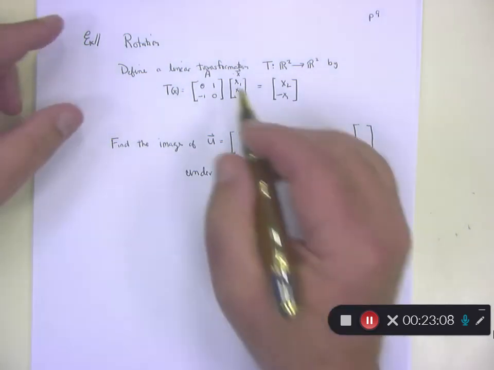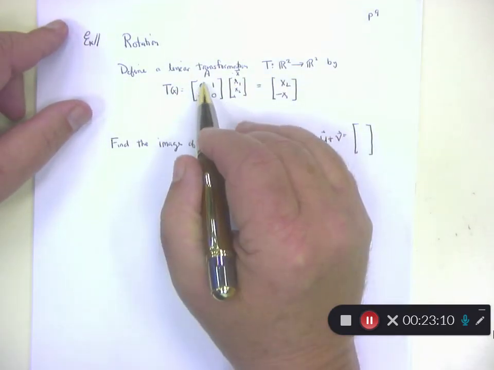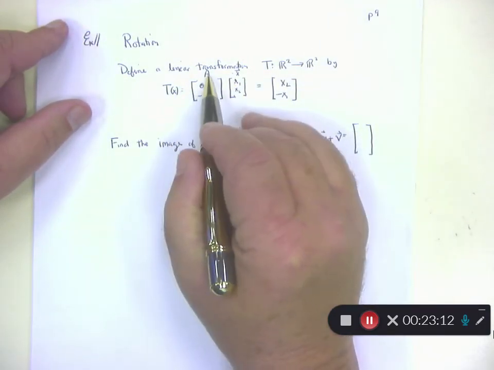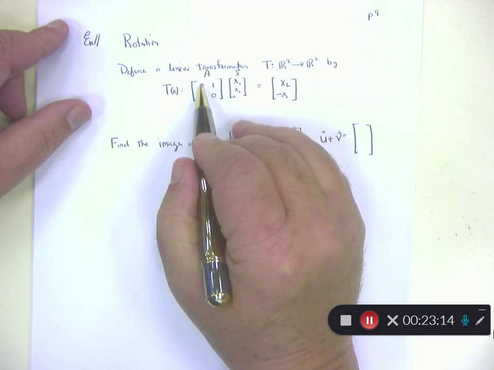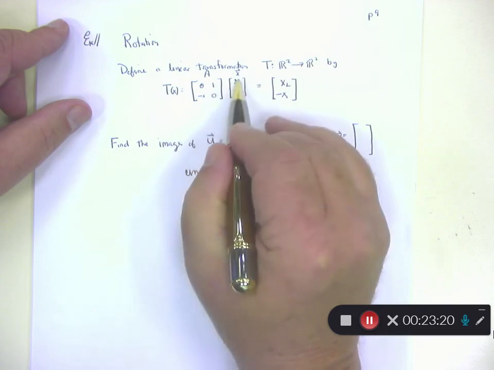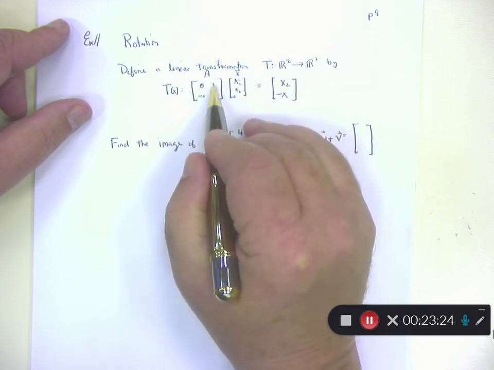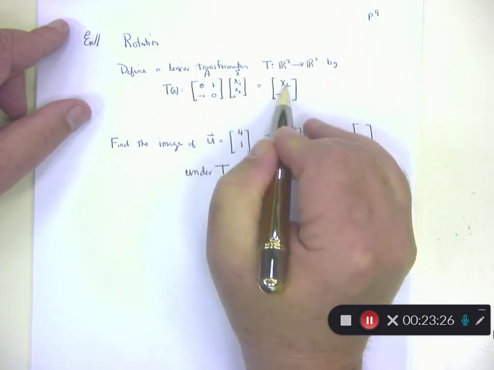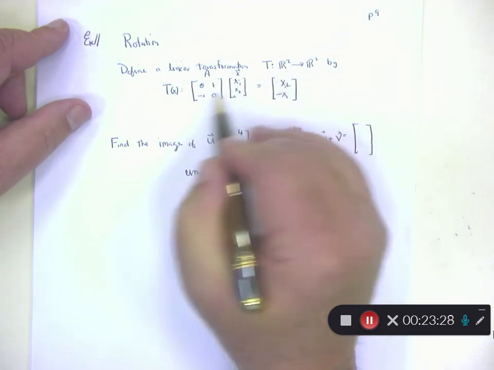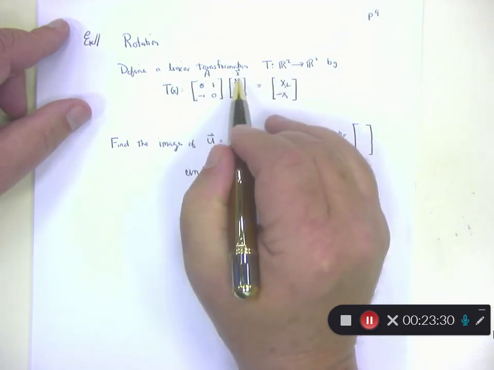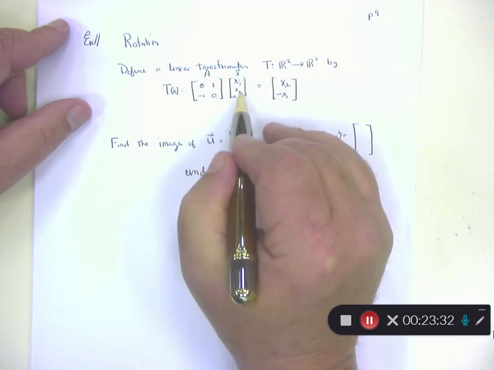So, here we go. This is my matrix A. So T of x is the same thing as A times x. My matrix A is 0, 1, negative 1, 0. If I multiply row by column, 0, 1, negative 1, 0 times x1, x2, what do I get? 0 times x1 plus 1 times x2, I get x2 for that first component. Second row, first column, negative 1 times x1 plus 0 times x2.